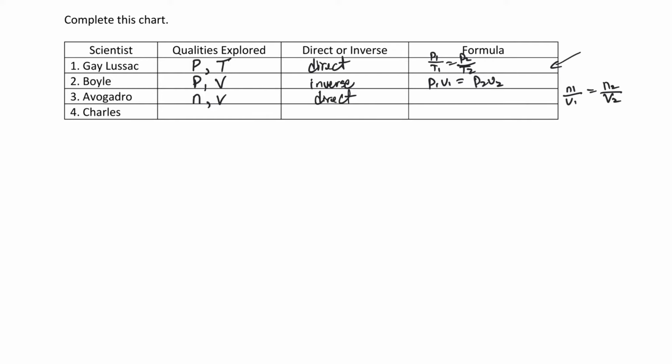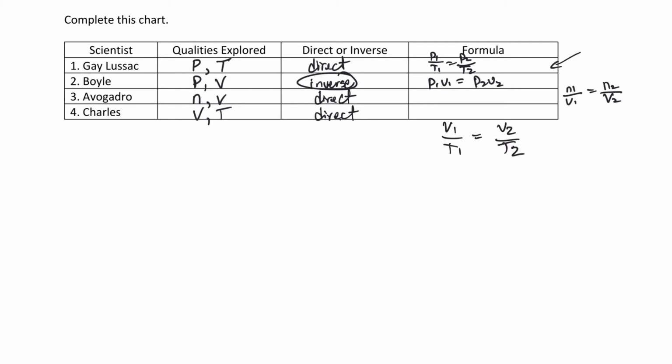And then finally, Charles sounds like a king, so he has a vast amount of trees. So he related volume and temperature. Again, it was direct. Boyle is the only one that has an inverse relationship. And his formula would be V1 over T1 equals V2 over T2.